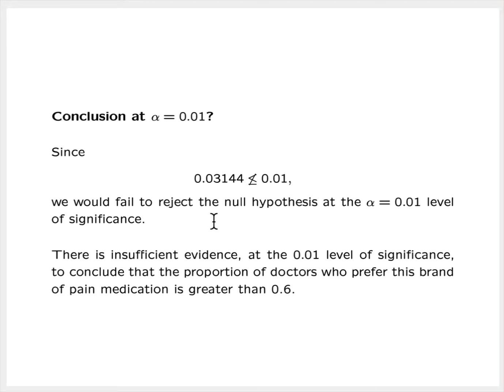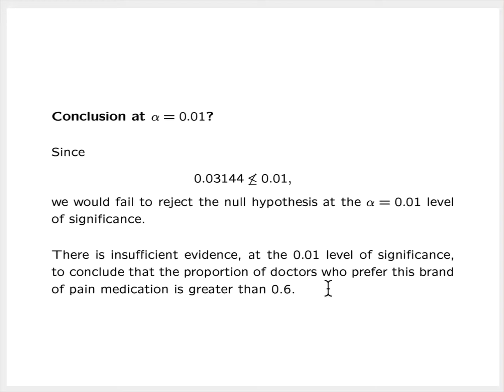So while there is sufficient evidence to reject the null hypothesis and conclude that p is greater than 0.6 at the 0.05 level of significance, at the 0.01 level of significance, there is insufficient evidence to conclude that the proportion of doctors who prefer this brand of pain medication is greater than 0.6.